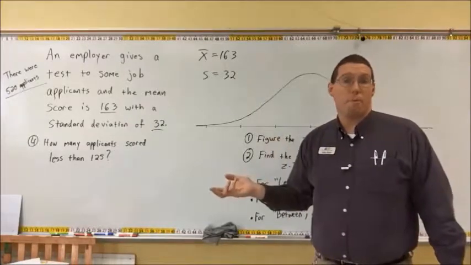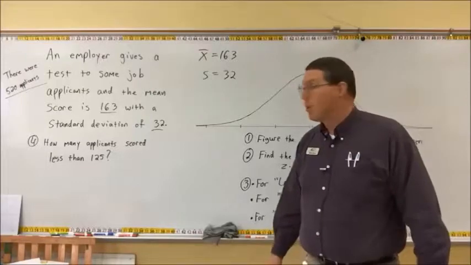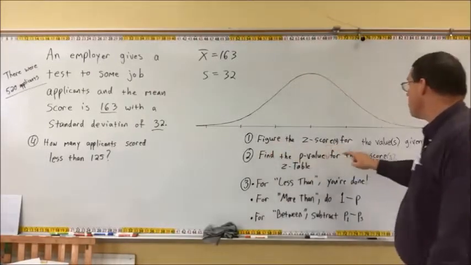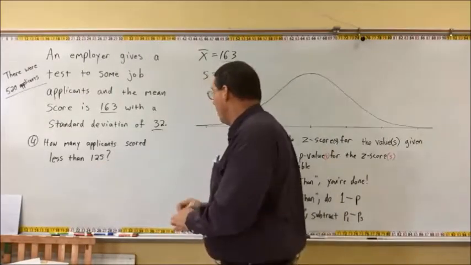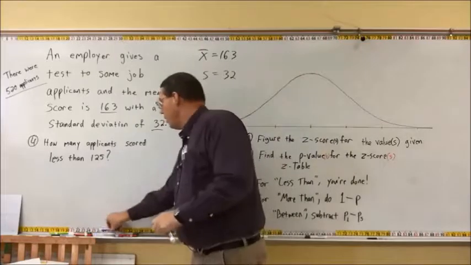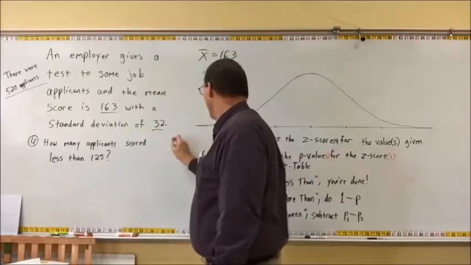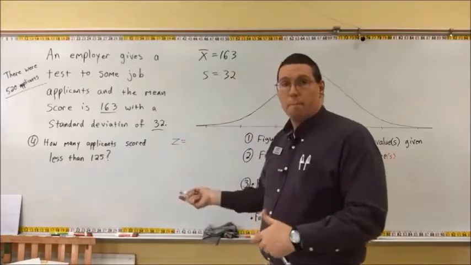And that one more step is just going to be multiply by the number in the population. So our first step is figure the z-score for the value given. In this case, we were given a value of 125. So we are going to figure the z-score for 125. So z is equal to, our formula is the number minus the mean.